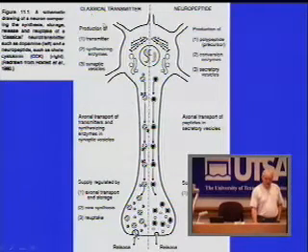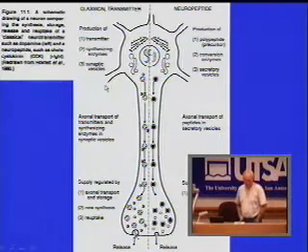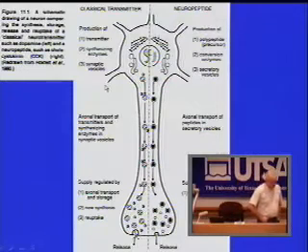Neurotransmitters, on the other hand, are synthesized from precursors, and that is accomplished by biosynthetic enzymes in a biochemical or biosynthetic cascade or pathway. And we'll talk about some of those in the lectures on neurotransmitters.